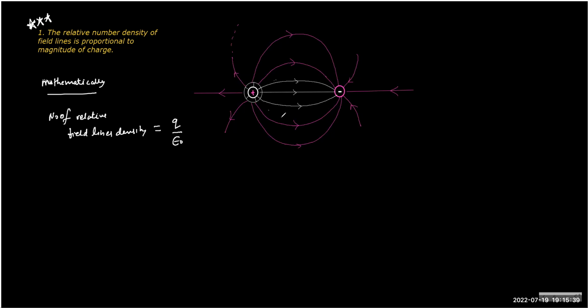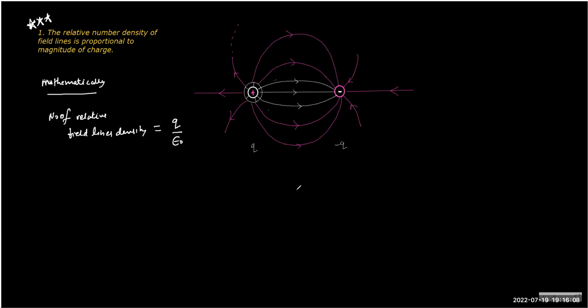And if you count the number of field lines leaving the plus charge, and the field lines arriving at the minus charge, if the counts are equal, you can say that they have equal magnitude. So in this graph, can you see that the lines of force leaving and terminating are equal? You can count.